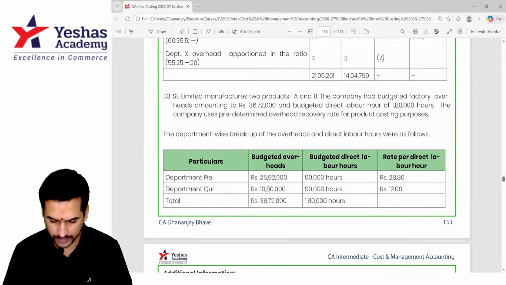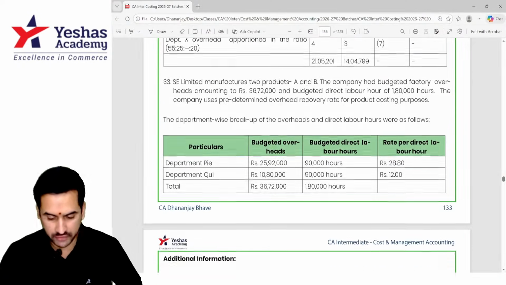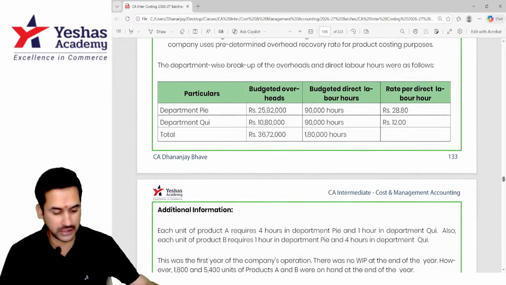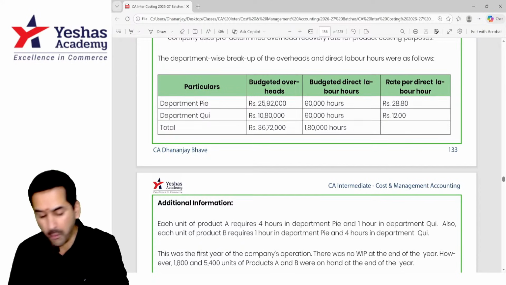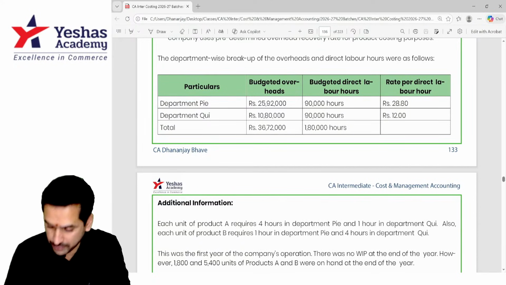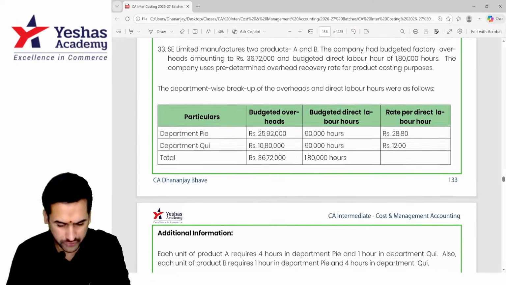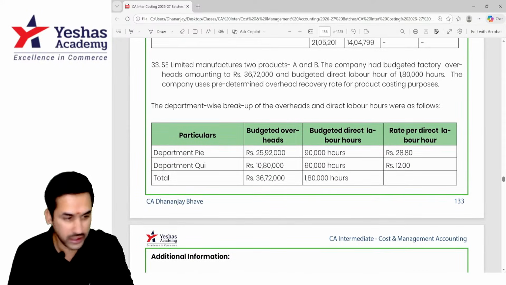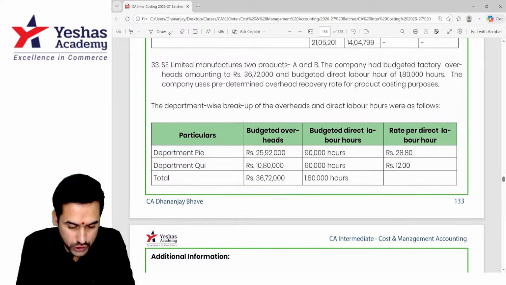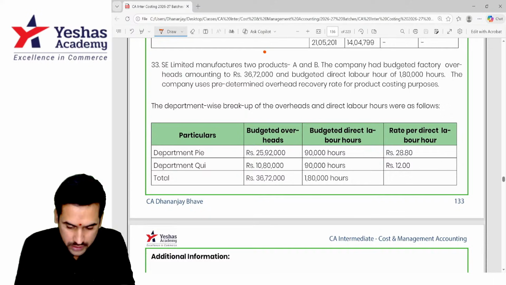Audio looks okay. By the way, we are in the practice series. I have completed the majority of the overhead chapter, but there is a bit of pending work in overhead. If I am correct, I have to start from question 33. Can you confirm in the chat box?